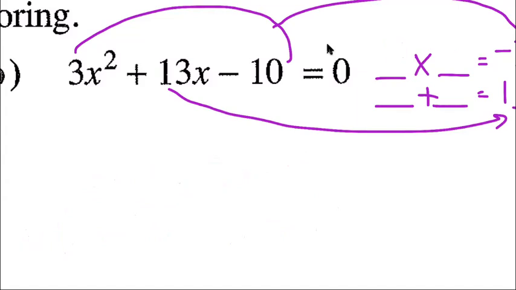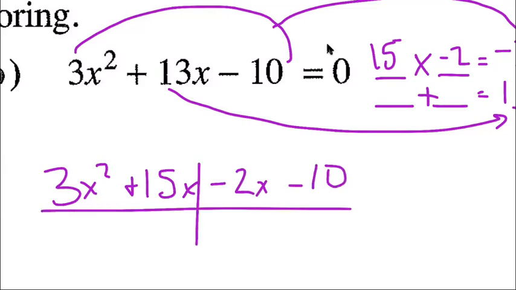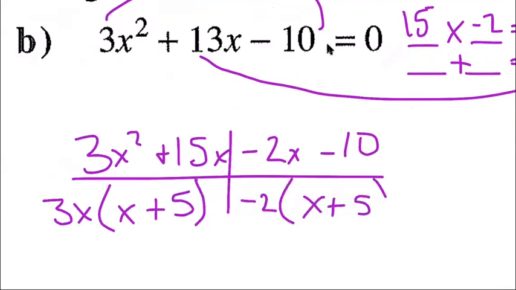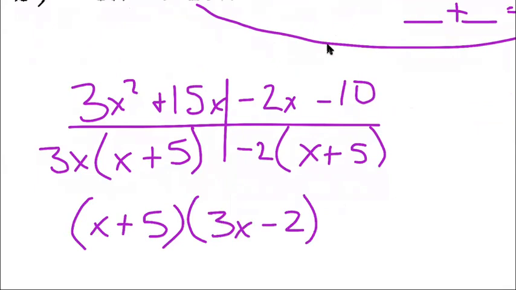This has got to be +15 and -2. That's better. 3x squared plus 15x minus 2x minus 10. Factor by grouping. 3x, x plus 5, -2, x plus 5. There we go. X plus 5 is one factor. My other factor is 3x minus 2. Those equal 0.